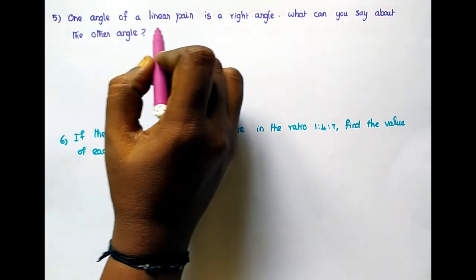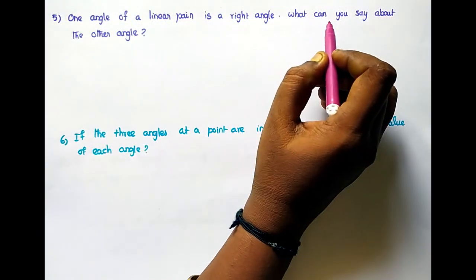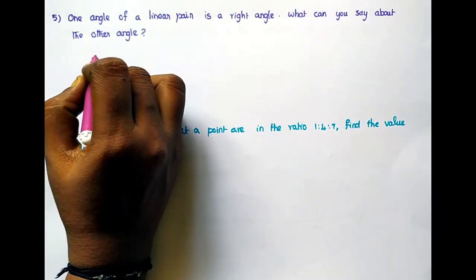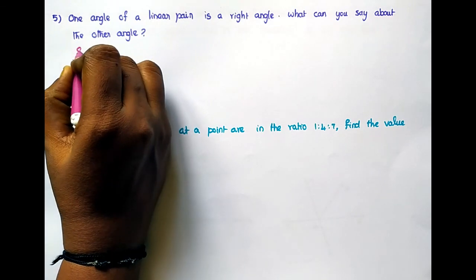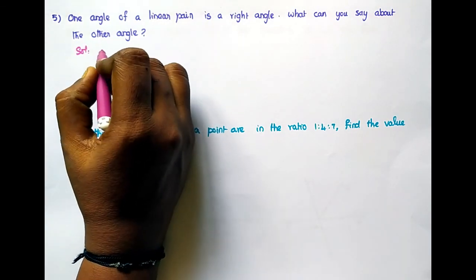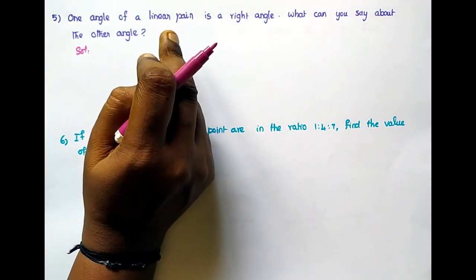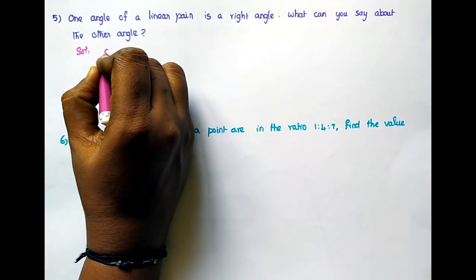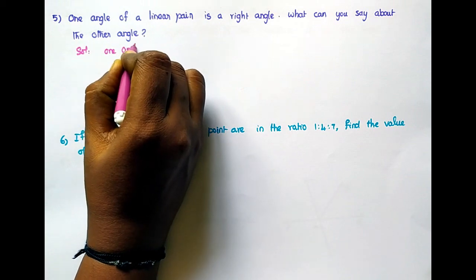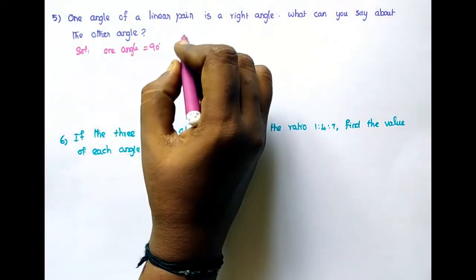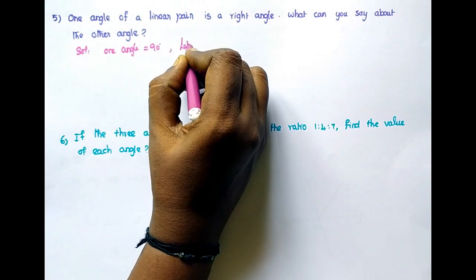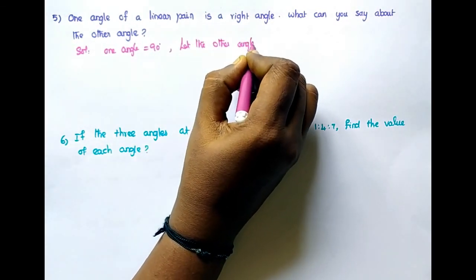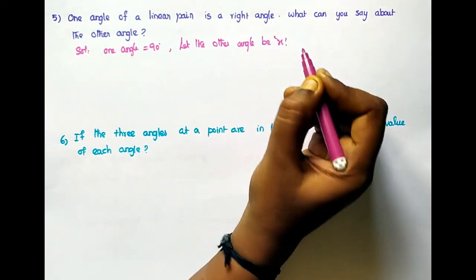Fifth sum. One angle of a linear pair is a right angle. What can you say about the other angle? So listen. We know that the sum of a linear pair is equal to 180 degrees. They have given one angle as 90 degrees, a right angle. Let the other angle be x.